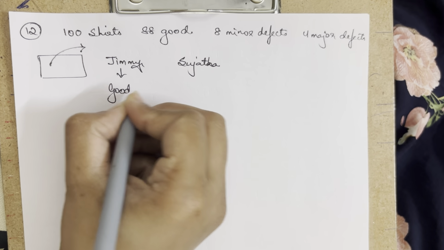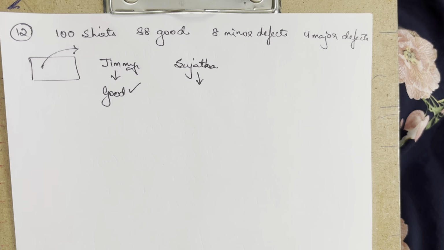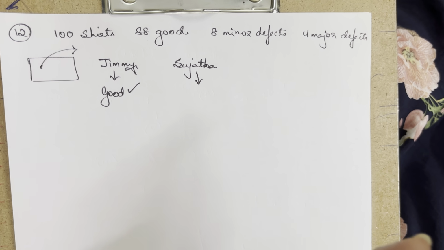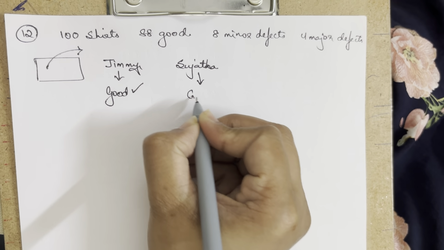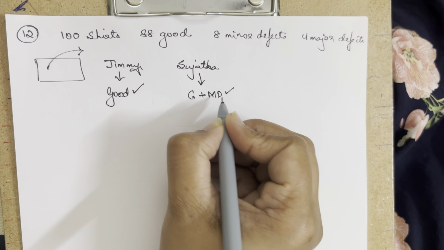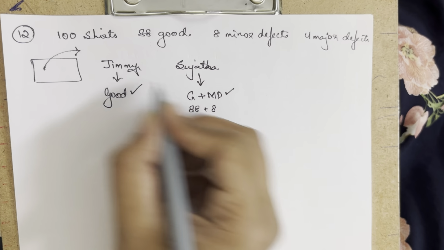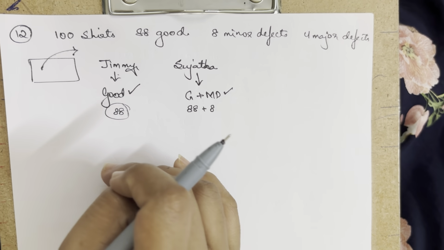Sujata is not going to take the shirts with major defects. So she's going to take the good shirts plus the minor defects also: 88 she will take plus 8 she will take. But Jimmy will take only from those 88 shirts.